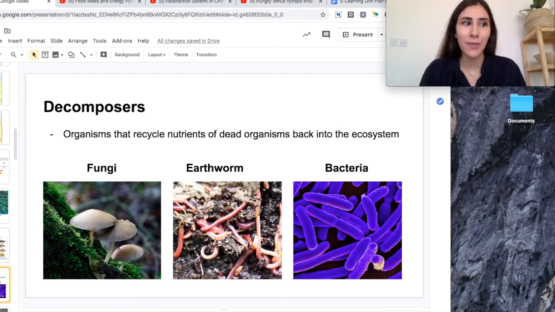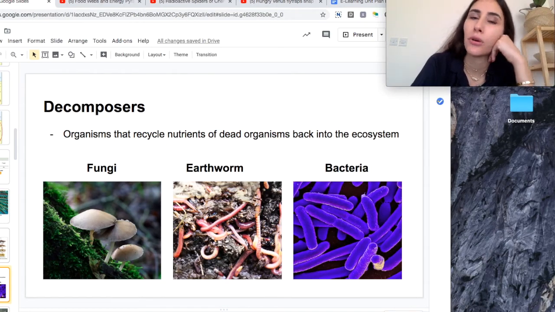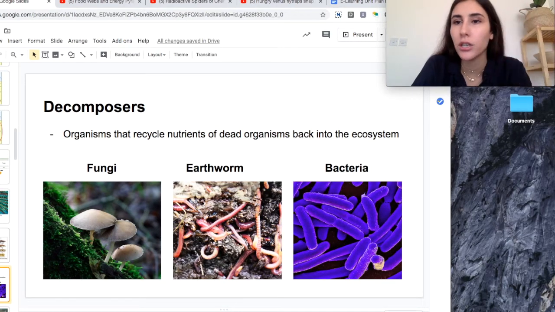Even an organism that has died, its nutrients and all the important things that were present, such as carbon, nitrogen, etc., get recycled back into the earth so that they could be used by plants to undergo photosynthesis, which kind of restarts the whole cycle of life, all right?